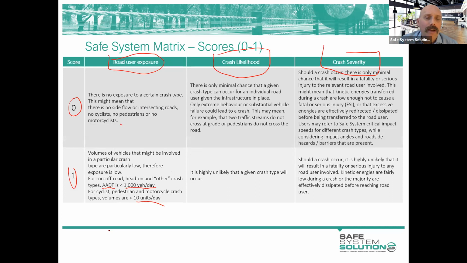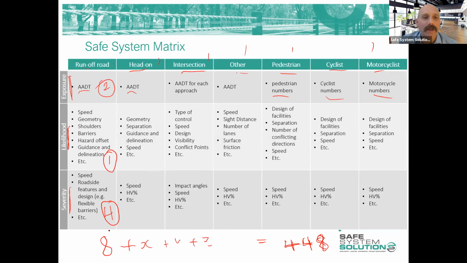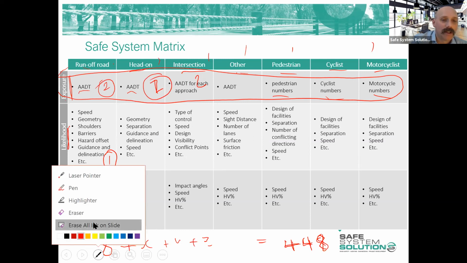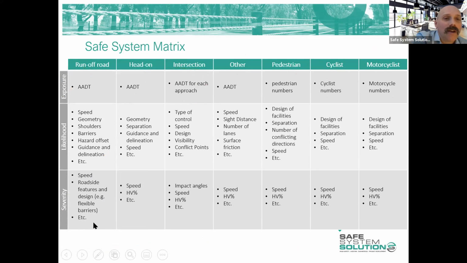So then we look at the likelihood. And how do we get to a likelihood score on this? So here's the matrix again, and you can see there that we've now done our exposure line. We've just looked at the volume, looked at our data, we've put scores in this. Here's a little tip.